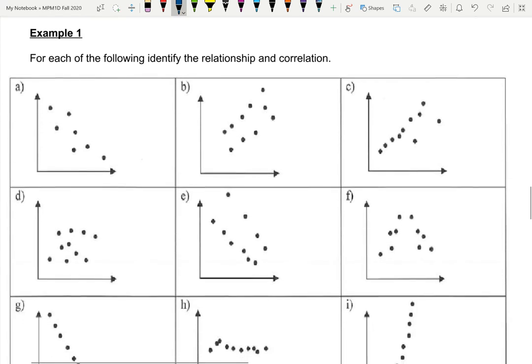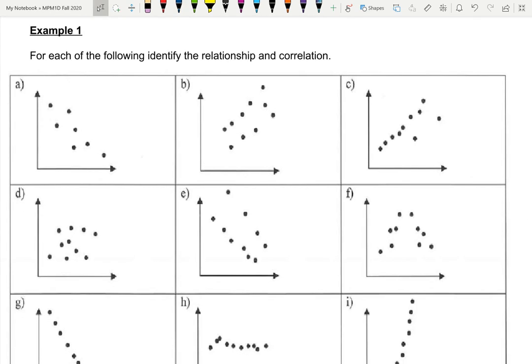Okay, so let's try identifying the relationship and correlation with these below. So the first one, we know that this is going to be a negative relationship because our points are moving downward. So this would be negative. Now the correlation, is it strong, moderate?